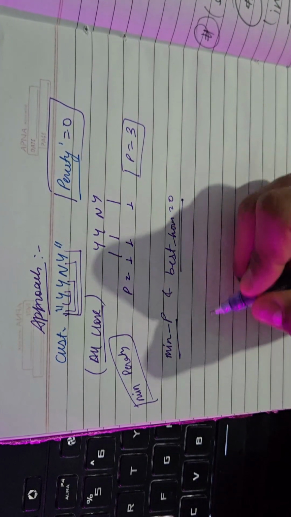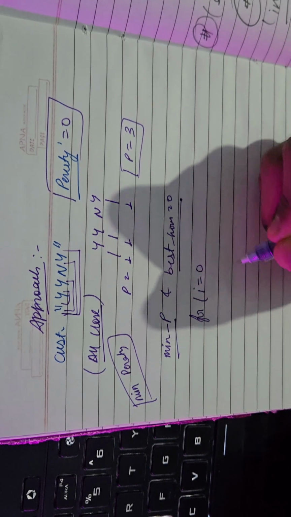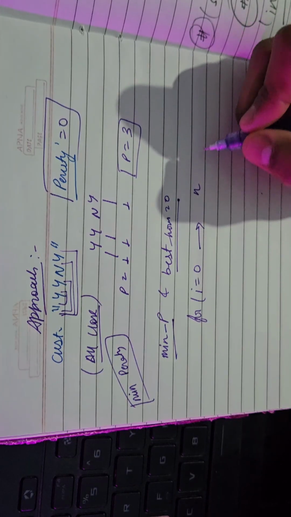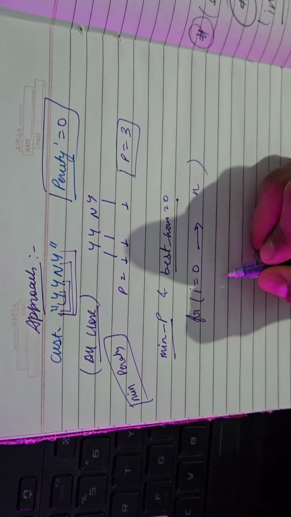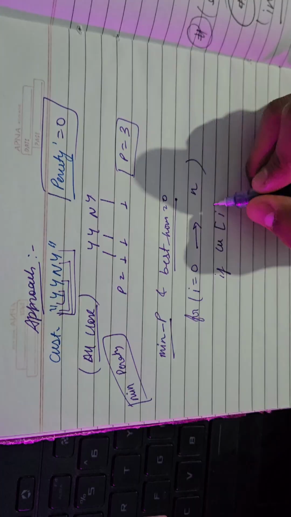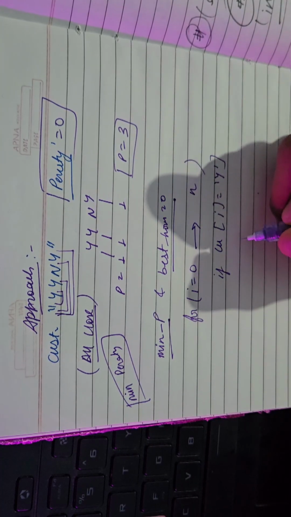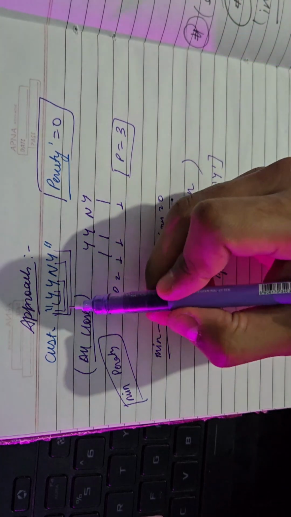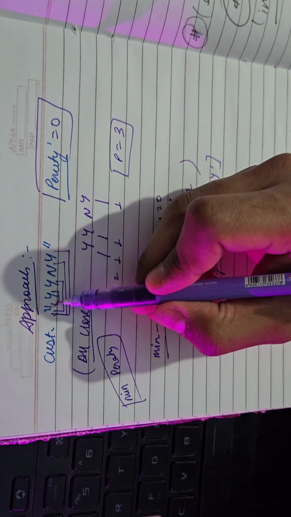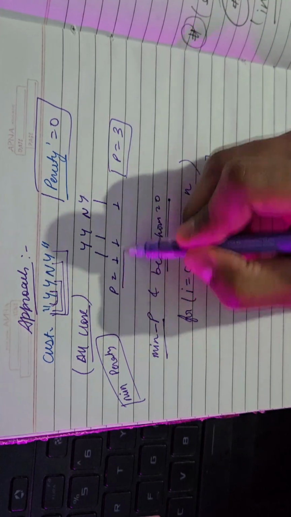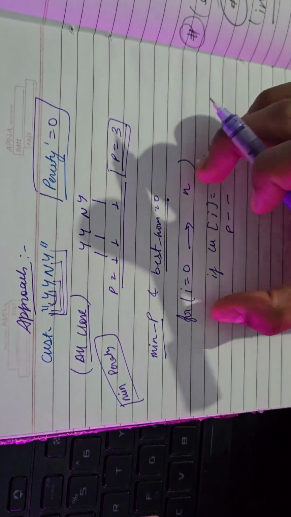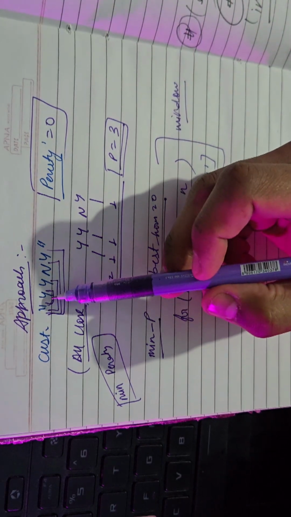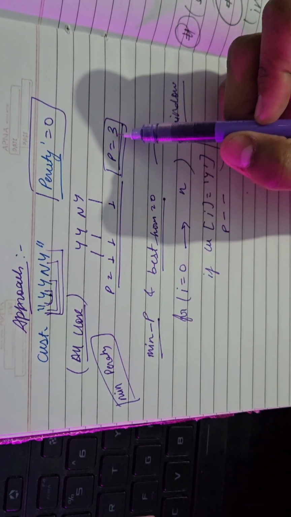So what we will do is run a for loop from 0 to customers.size(), that is n, incrementing i by 1, and check if customers[i] is Y, then the penalty will be decreased. Why? Because we have already seen this customer attend. Suppose we have found the maximum penalty; now this is called a window. The window checks whether the customer has already attended, and then we decrement the penalty.